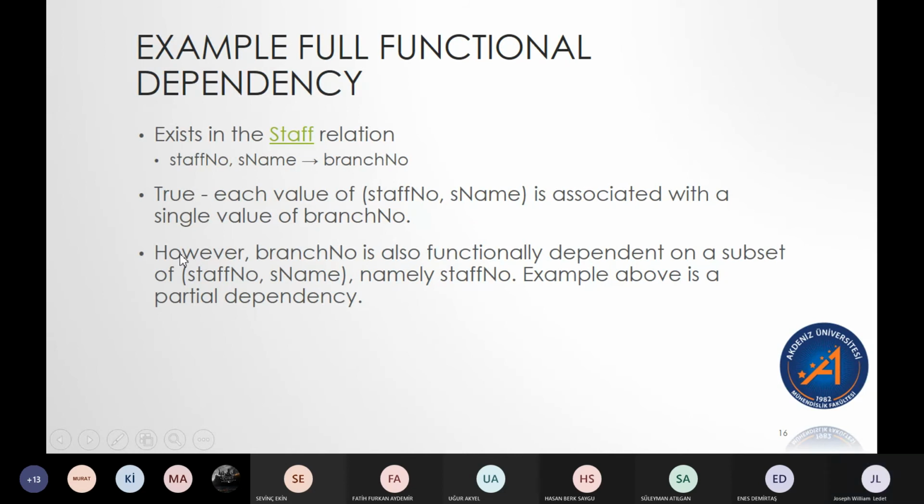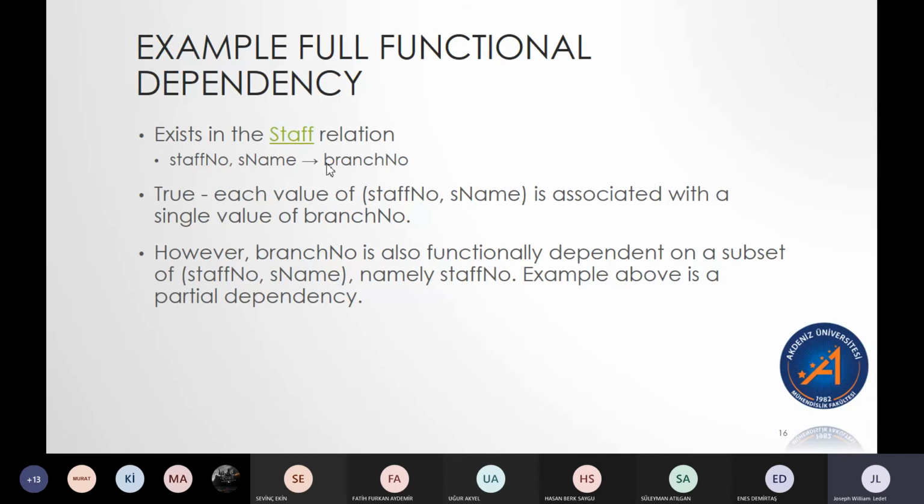However, to know the branch number, it's really only necessary that we know what the staff number is. We don't need both columns. We just need the staff number. So what we would say is that because branch number is dependent on only one of these, we don't need both of them.